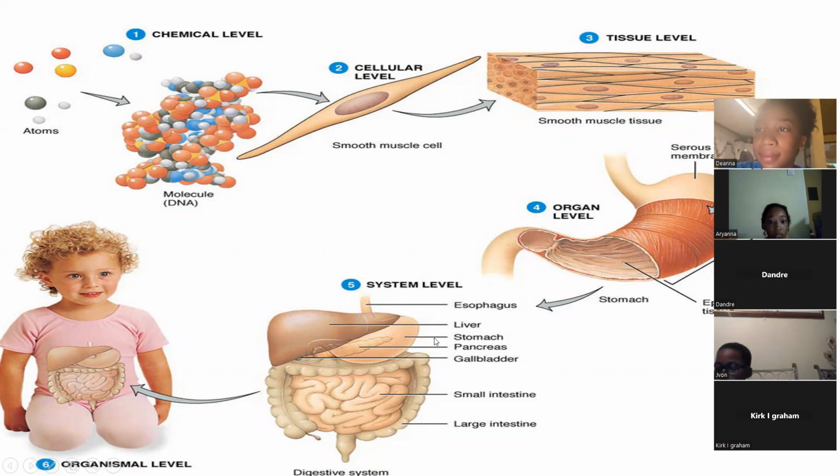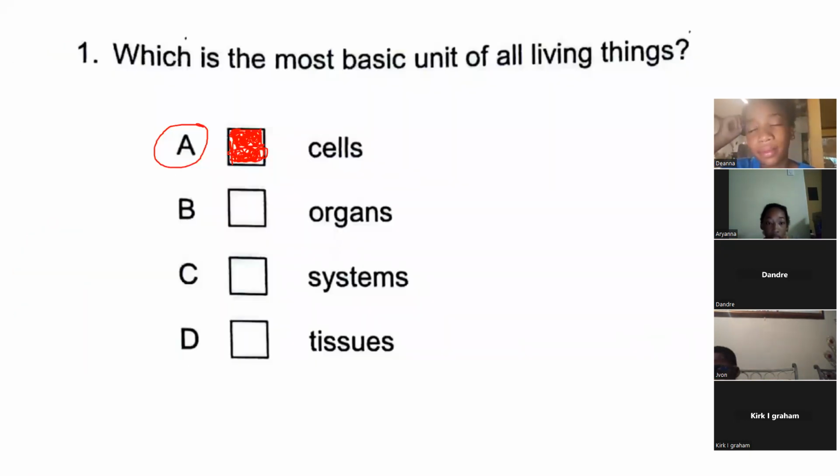After the organ is the organ system. And then after the system is the human being, right? So cells make up tissues, tissues make up organs, organs make up systems, systems make up the human body. That's how it works: cells, tissues, organs, organ systems, human. So the correct answer, the most basic unit of all living things, is going to be the what?